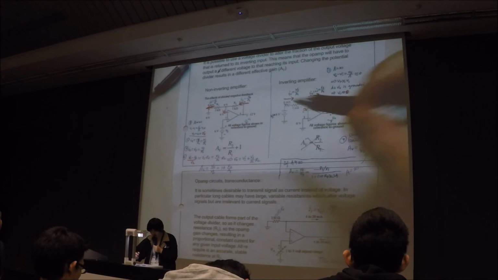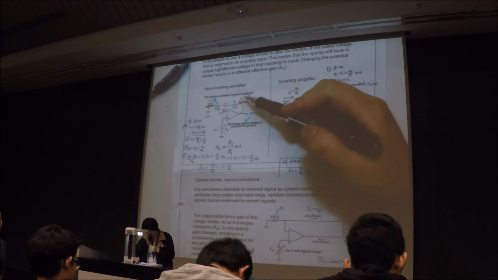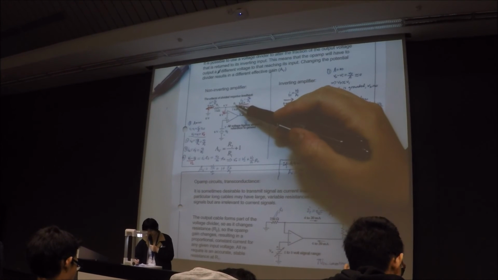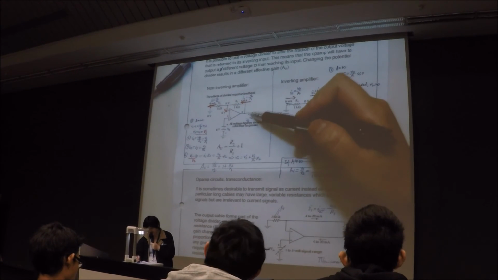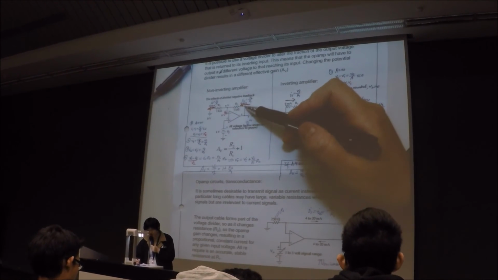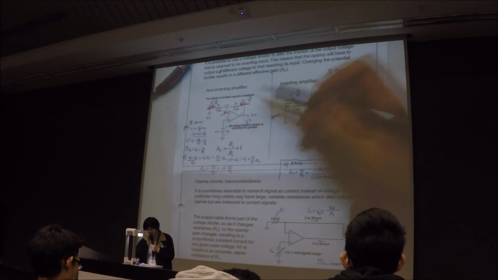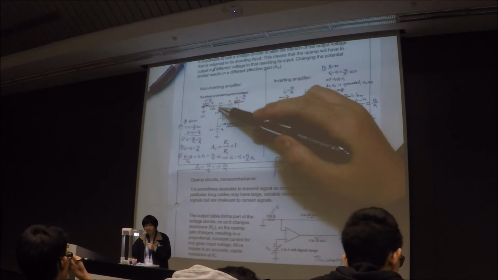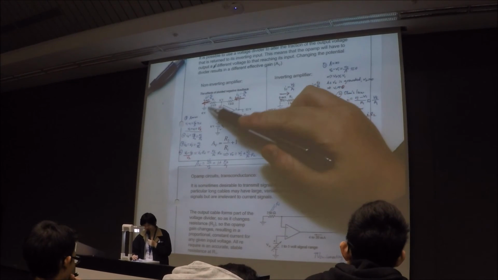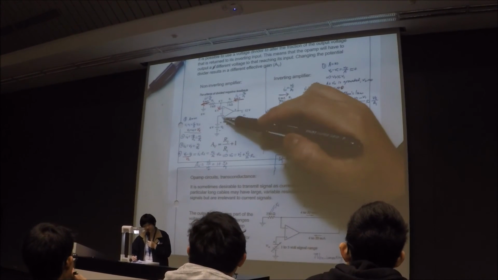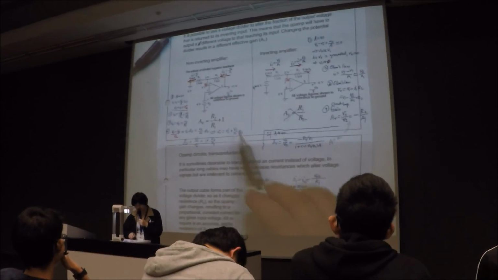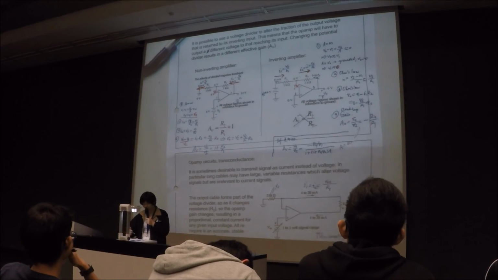The voltage on resistor R2 is the difference between this point and this point, so it's V out minus V1, where V1 is V2, which is VI. So we can solve for the output now.